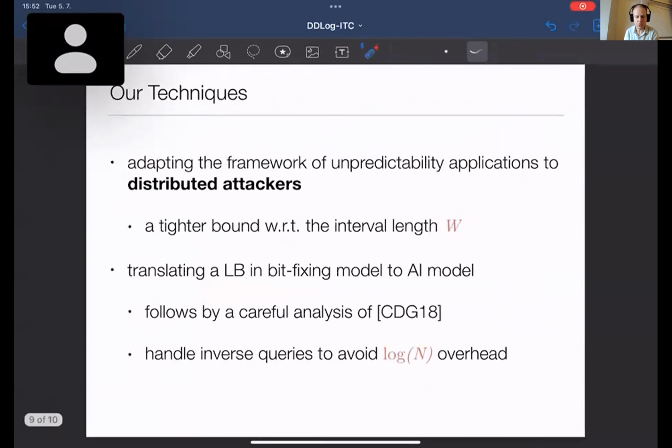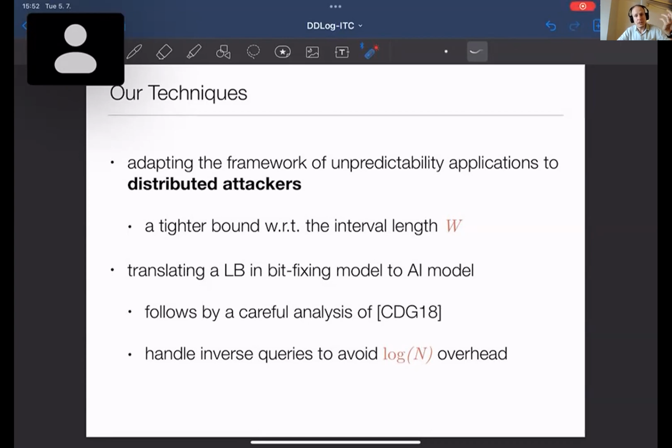So just a couple of notes about our techniques. We built on previous works, clearly. Unruh and Dodis and their co-authors have an extensive line of works on non-uniform adversaries, and there is this framework of unpredictability applications that you can use, for example, to give lower bounds for preprocessing algorithms for the generic group model.